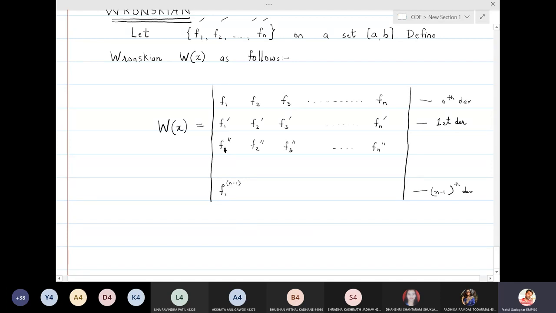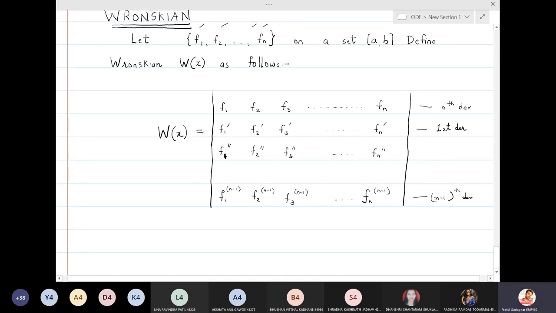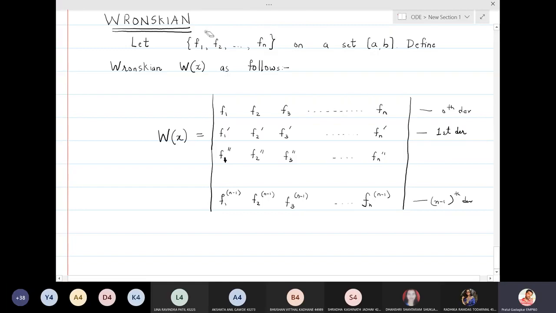After the third derivative, patience goes away. So this is the Wronskian of the functions f1, f2, fn.